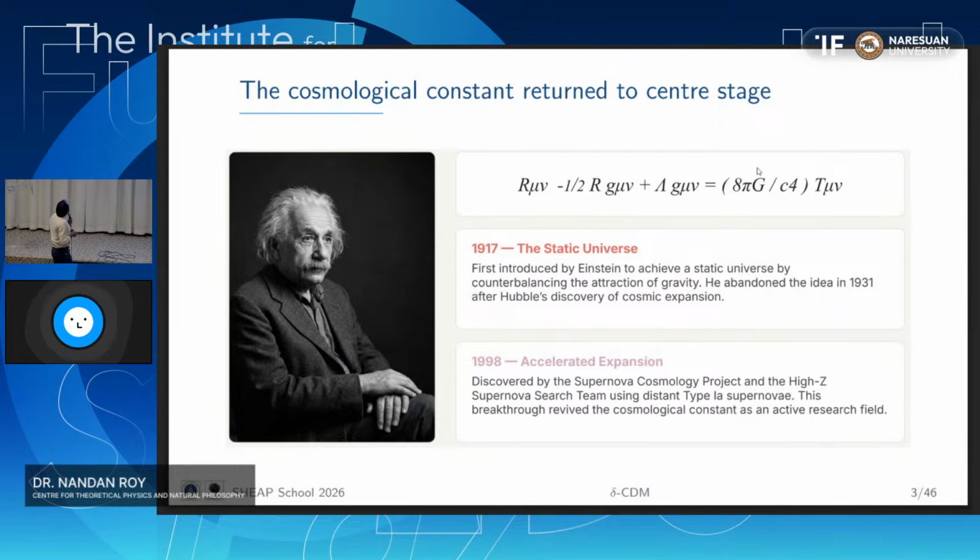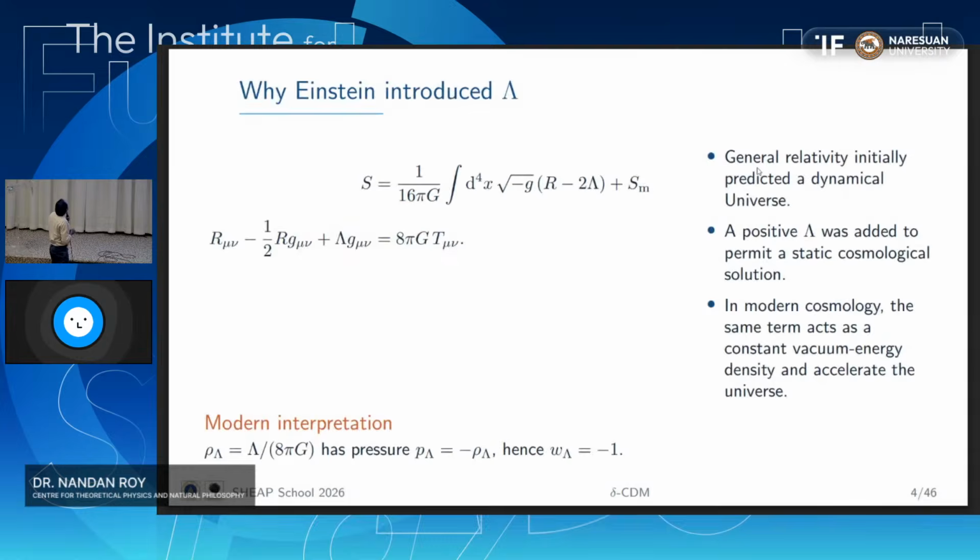He abandoned his idea in 1929 after Hubble discovered the expansion of the universe. And this cosmological constant entered current research again after the discovery of dark energy, or the accelerated expansion of the universe.